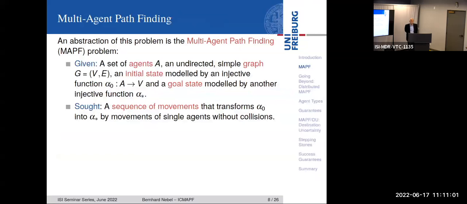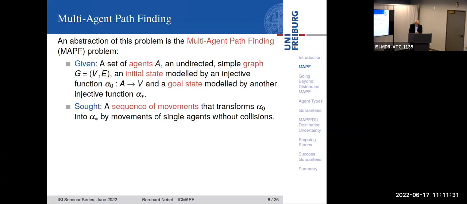So when you try to abstract that, as computer scientists usually do, they try to get to the essence of the problem. You can describe that as a multi-agent pathfinding problem. That is a problem where you have a set of agents, you have an undirected simple graph, and then the initial state is modeled by an injective function, which tells you which agents are sitting on which nodes.